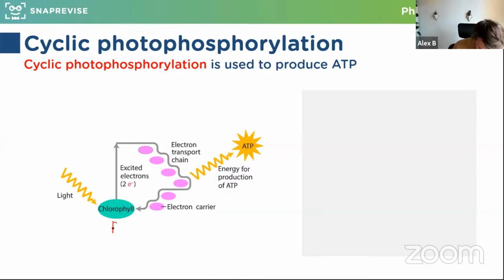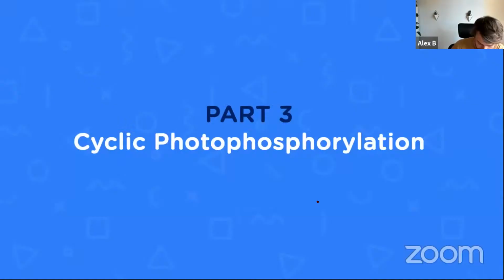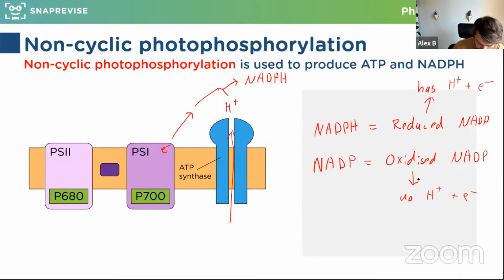This is just in PS1. If we go back to our other diagram, it would be like this. It just goes up through the electron transport chain and then back, each time it gets hit by light.